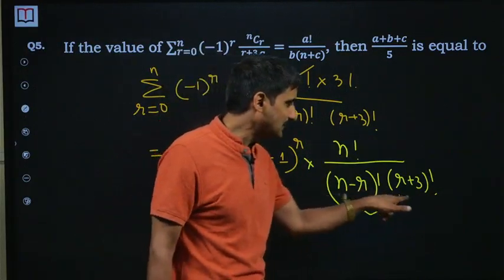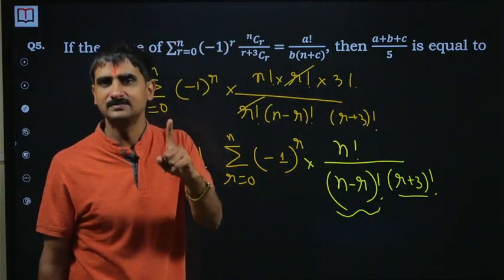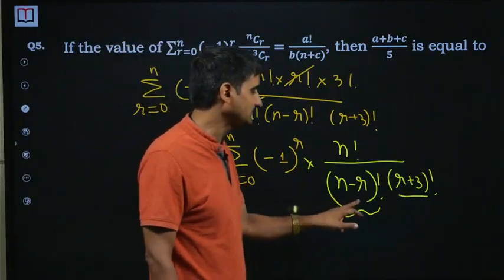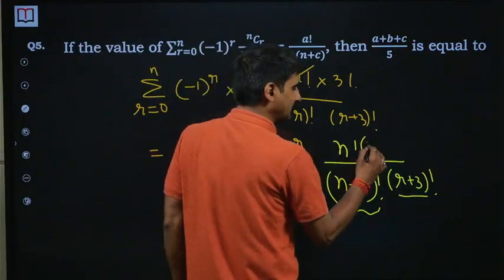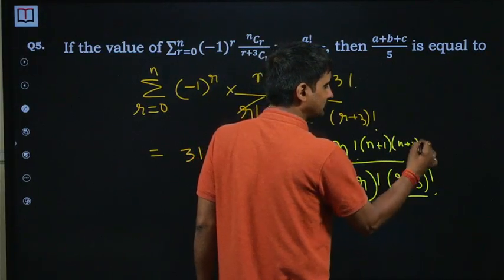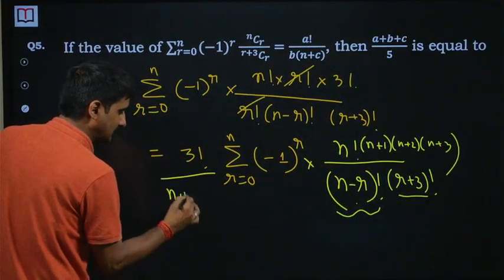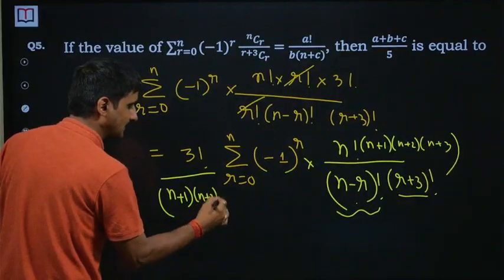But since we have r plus 3 factorial in the numerator, we need to have n plus 3 factorial, then only their difference will be this. So we need n plus 3 factorial. That means we need to multiply by n plus 1, n plus 2, n plus 3. So hence we will be dividing it outside, of course that's a constant, by this.